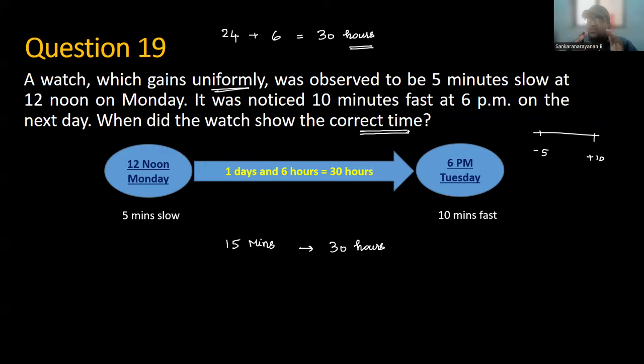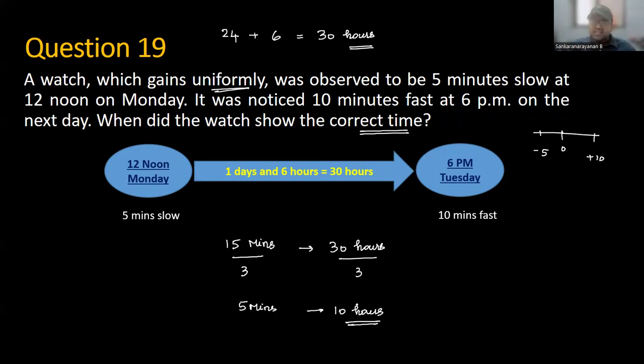You can see that the watch would have shown the correct time when it has just gained 5 minutes. From -5 to 0, when it has just gained 5 minutes, the clock would have shown the correct time. So if I divide the left-hand side and the right-hand side here by 3, I can see that in order to gain 5 minutes, this clock would have taken 10 hours, right?